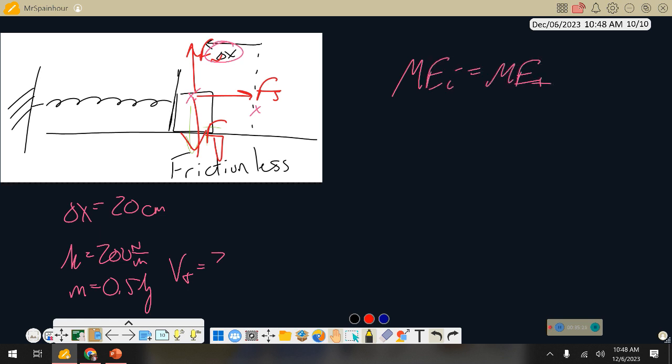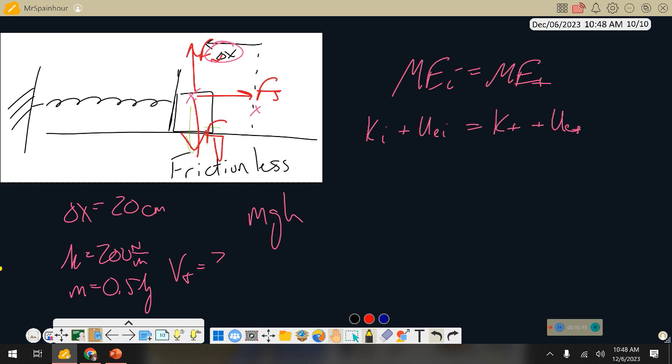Once again, start the same way we always do. What type of energies are going to change here? Why not gravitational? That is one way to say it. I would actually say there's an easier way for most people to see it, and that is this.